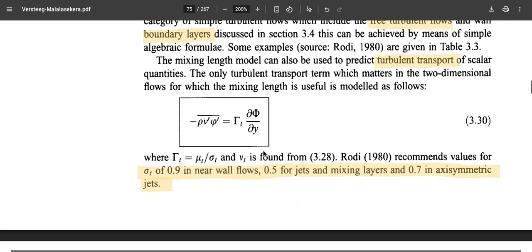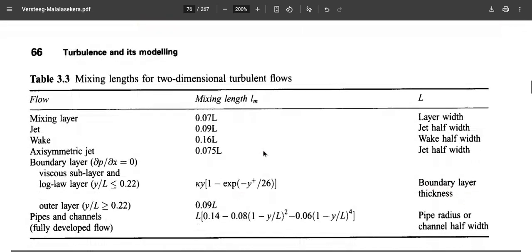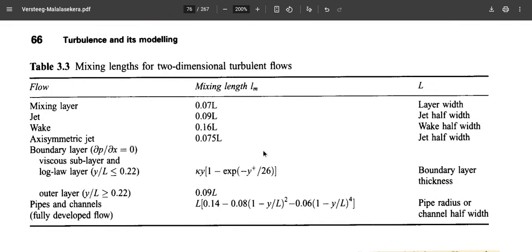Based on various experimental analyses of two-dimensional turbulent flows, people have identified some empirical values using the characteristic length scale of that particular flow domain. For example, the mixing layer has 0.07 of the length scale, and the jet has this one. These are the boundary layers, and we will come later in this video to what a log layer and a viscous layer are.